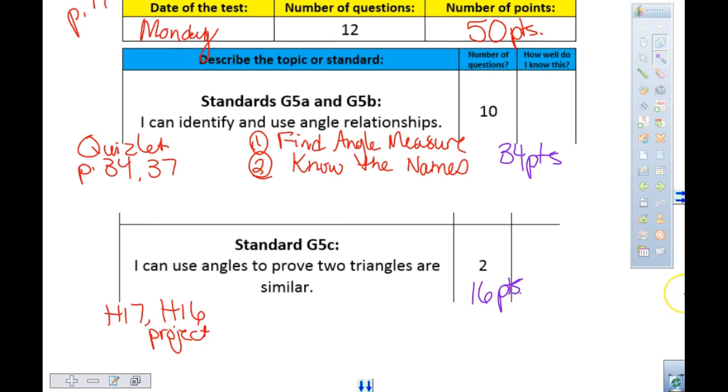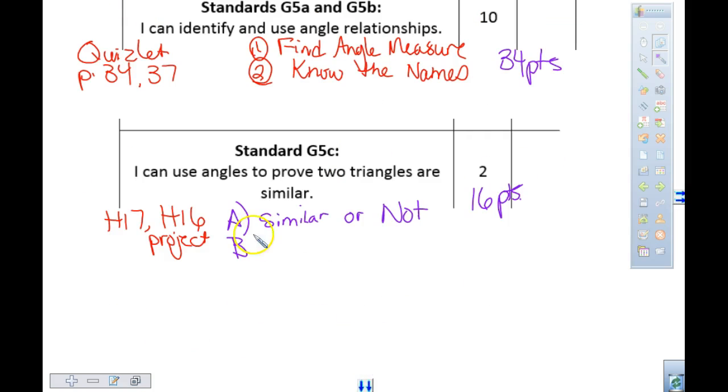Okay? So when you're looking at this, this is where you're going to say step A, they are similar or not. That's going to be 1 point, right? Then part B of that question is going to say explain or prove it. This is where you give fact 1, this angle is congruent to this angle.